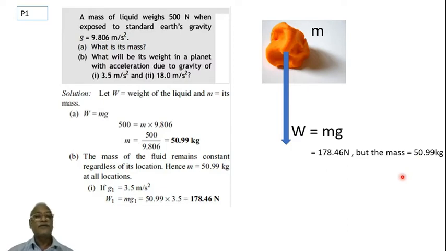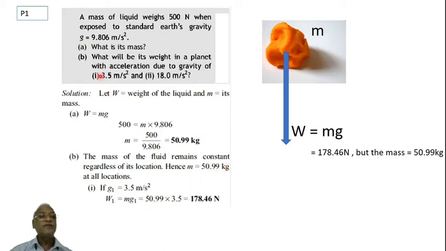Okay, now further, what they asked is, if you are on a planet with acceleration due to gravity 3.5, what would be its weight? So the mass of the fluid remains constant. M is constant, as I told you, regardless of its location. Hence m equal to 50.99 kg. It remains as it is.